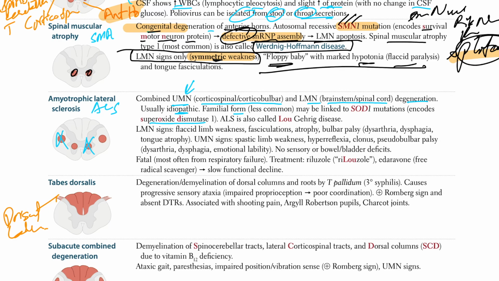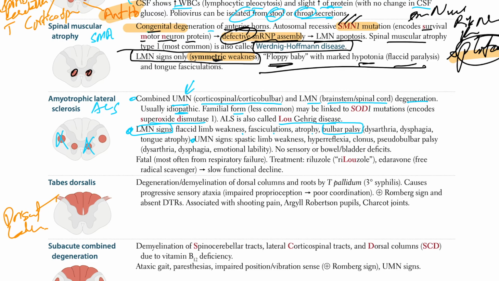ALS is also called Lou Gehrig disease. So when you knock out your lower motor neurons, you are going to get those signs, and also you're going to get upper motor neuron signs. Let's take a look at each one of them. Lower motor neuron signs are flaccid limb weakness, fasciculation, atrophy, bulbar palsy. Bulbar palsy is dysarthria, dysphagia, tongue atrophy.